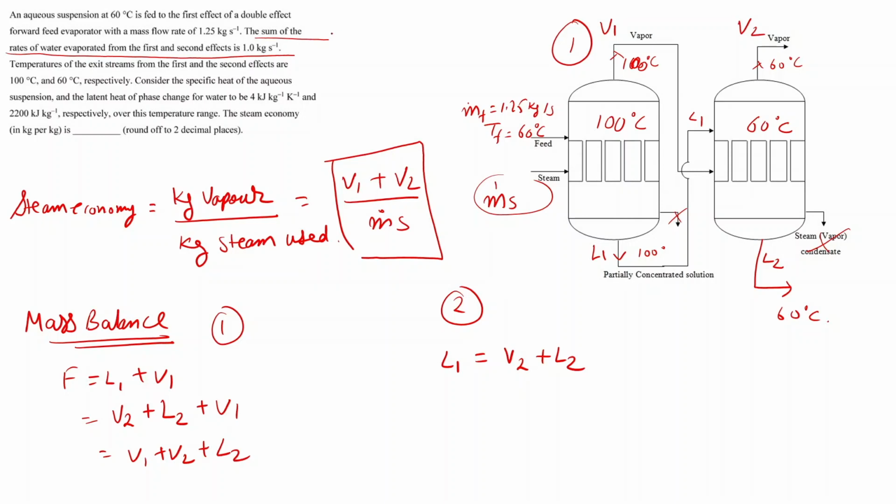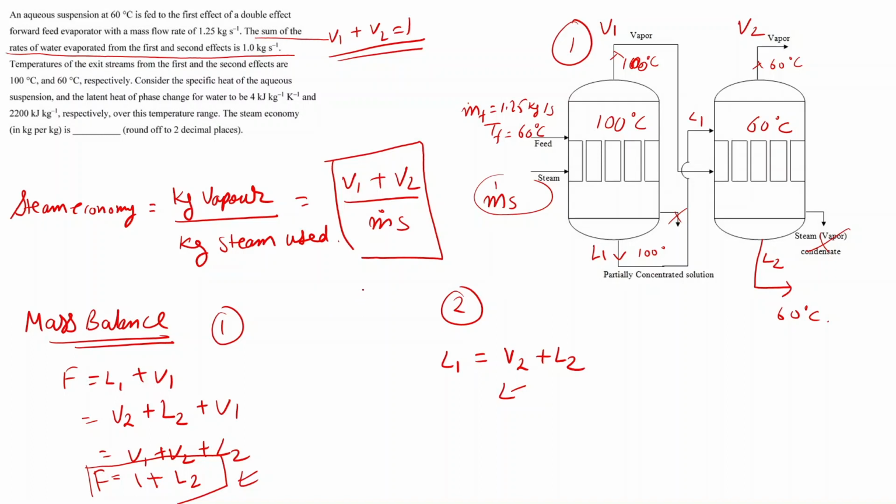That is, V1 plus V2 is equal to 1. So we replace it over here and we get F is equal to 1 plus L2. We will use all these equations to find the steam economy later on.